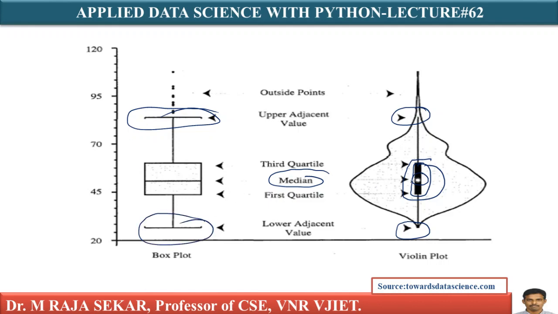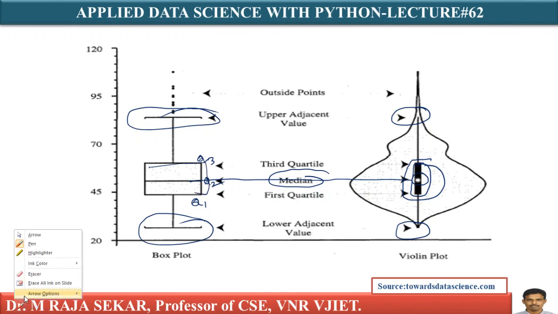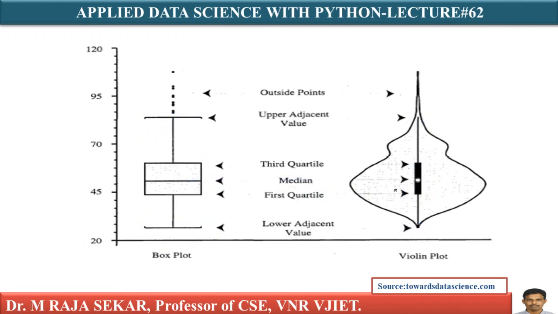Just see, here you have median, and correspondingly you can find median here. In the case of box plot, what happens? This is Q1, this is Q2, this is Q3. This is interquartile range. In similar manner, here also in the case of violin plot, as I told you, this indicates interquartile range. Anyway, let me proceed.